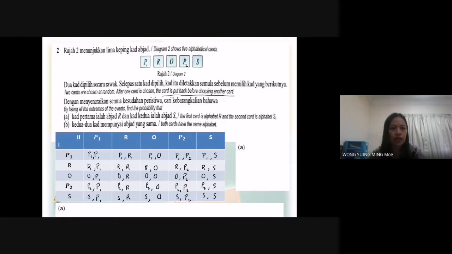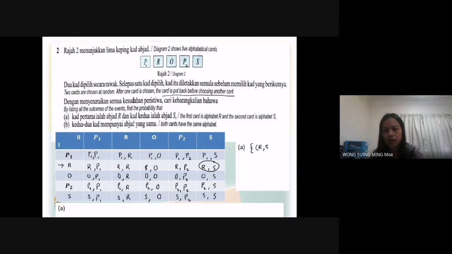Okay, by listing all the outcomes of the events, find the probability that A, the first card is alphabet R and the second card is alphabet S. So R followed by S. So we have how many cards? First card is R. First card is R is this part, right? So R followed by the alphabet S. Only one, right? Only list out the possible outcomes.